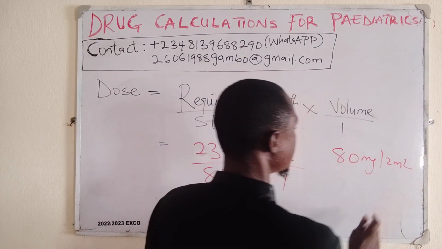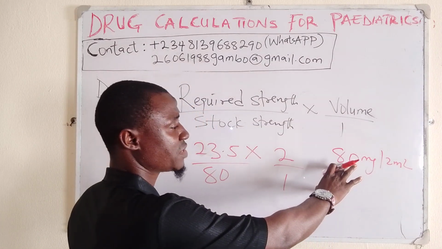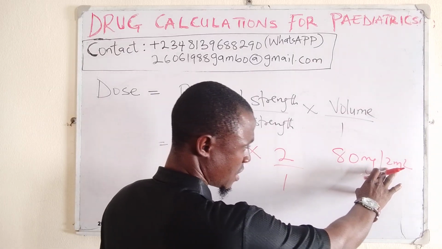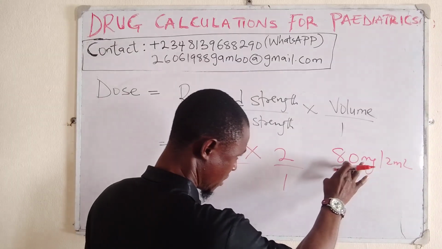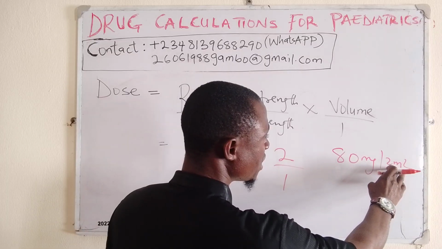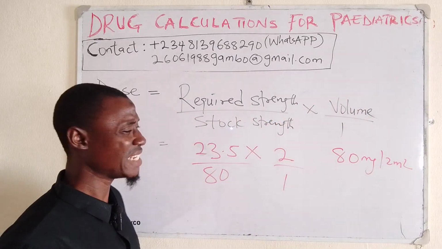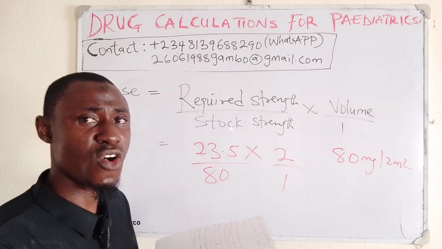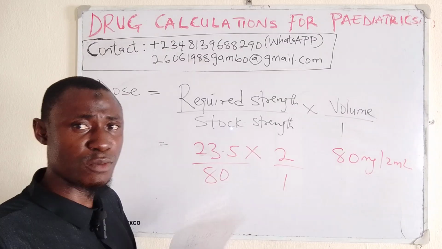What this means is this drug, gentamicin, is available for injection as 80 milligrams per 2 mil. So it comes as 80 milligrams in a 2 mil volume. The volume of the drug is 2 mil. This is not a problem, because you can always find it on the ampoule. It's something that you have in your possession.